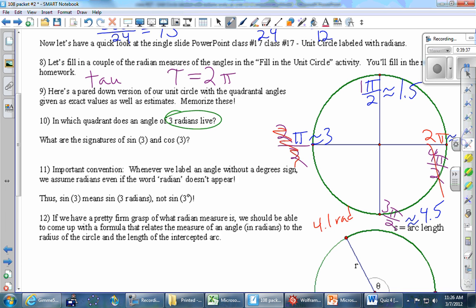So let's go back to our game here with the angle of 3 radians. I want to know what are the signatures of sine of 3 and cosine of 3. Maybe this is the only time you've ever seen the word signature in a math class. Does anybody know what the word signature means in a math context?